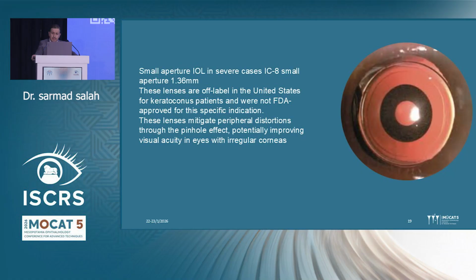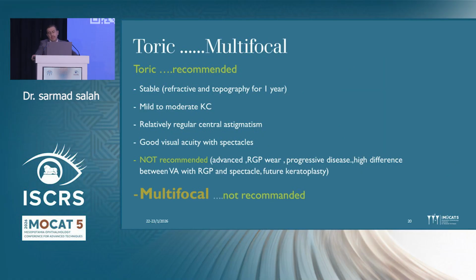Can we implant a toric IOL? Yes, but with some conditions, like a patient with mild to moderate keratoconus, and has a stable refraction for 1 year with central regular astigmatism and good visual acuity with spectacles. Toric IOL is not recommended in advanced progressive disease, patients wearing RGP, or planning for future keratoplasty. Multifocal is generally not recommended.